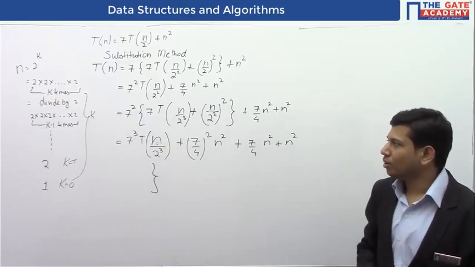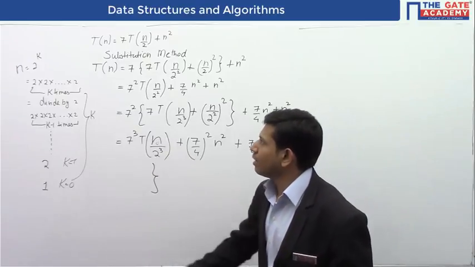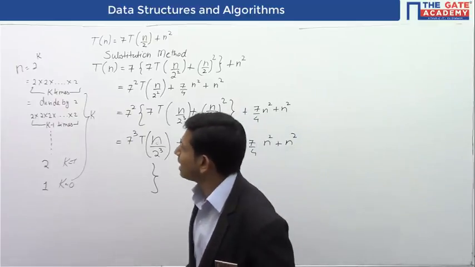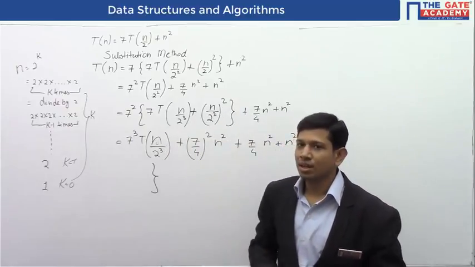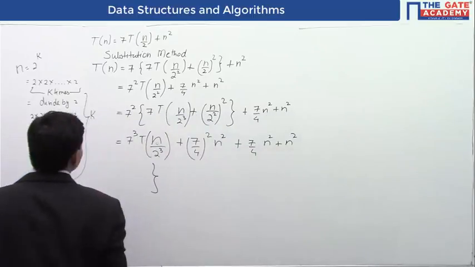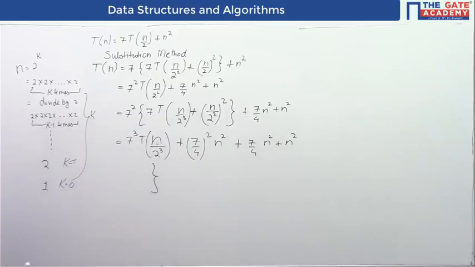Now what is the value of k? Here we have assumed n is equal to 2 power k. So let's see if we can use that equation to obtain the value of k. If n is equal to 2 power k, then we can take log on both sides.